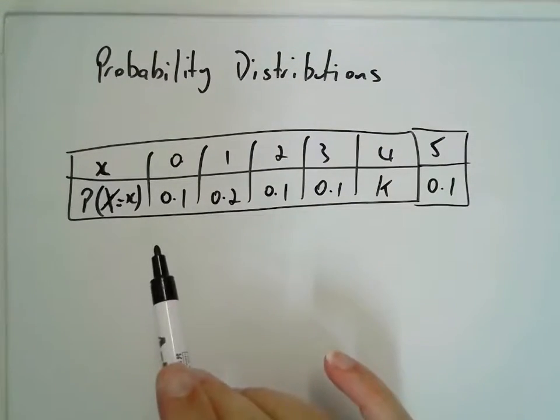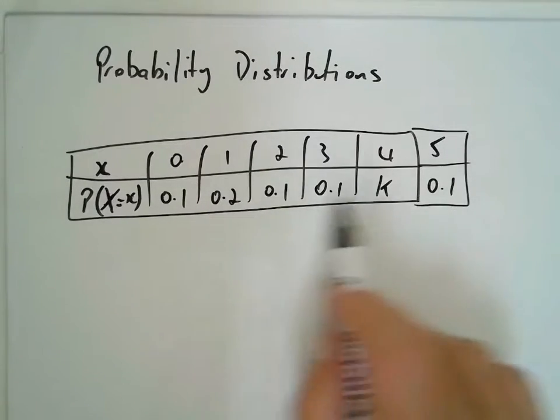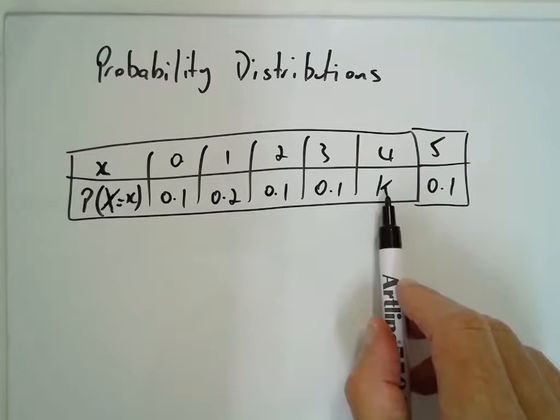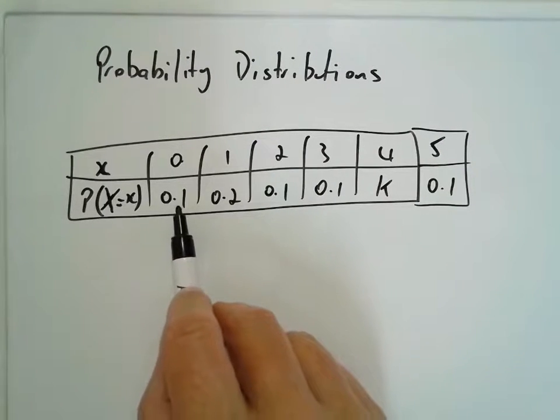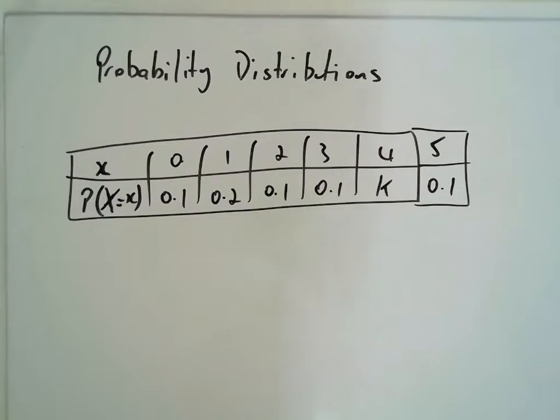so remember that the probabilities of all the outcomes must add up to 1. Here the question is going to be find k. So I know that 0.1 plus 0.2 plus 0.1 plus k plus 0.1, all added together, must equal 1.